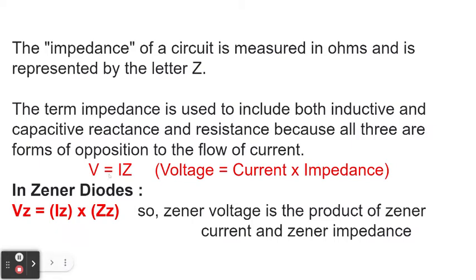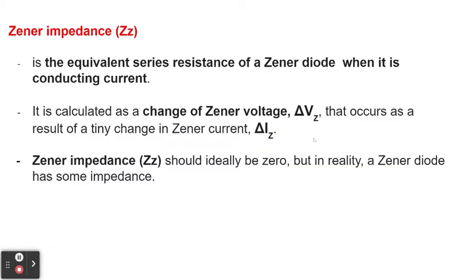In general, the formula for the calculation of voltage is equal to the product of the current and the impedance. In this case, V is equal to IZ. And in Zener diodes, VZ is equal to IZ multiplied by the impedance ZZ. So Zener voltage is the product of Zener current and Zener impedance.